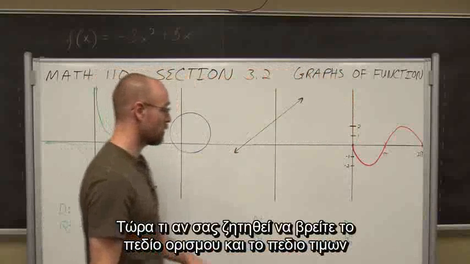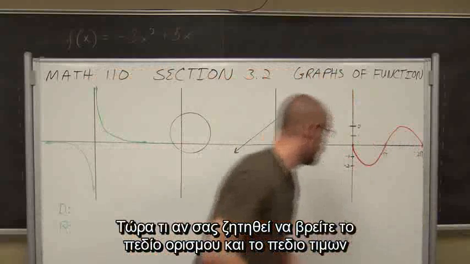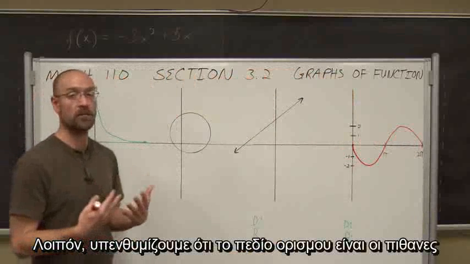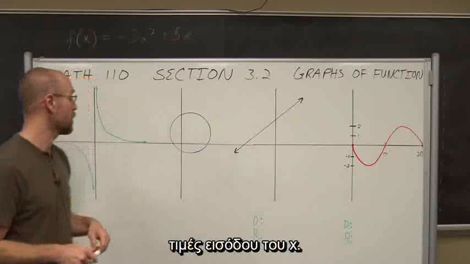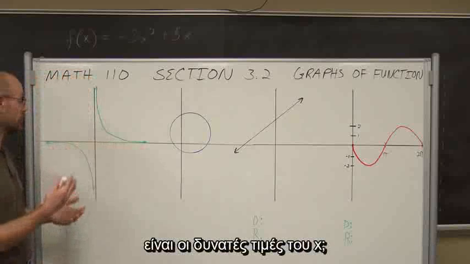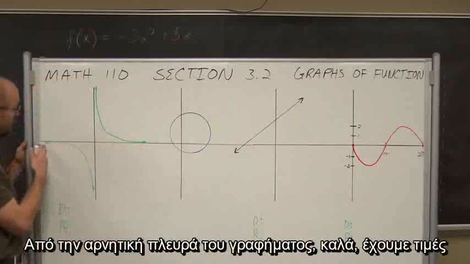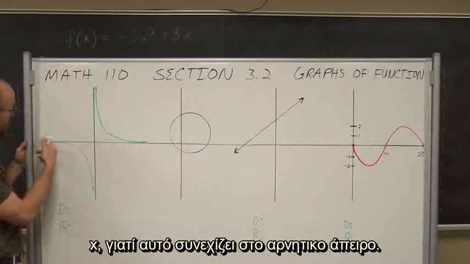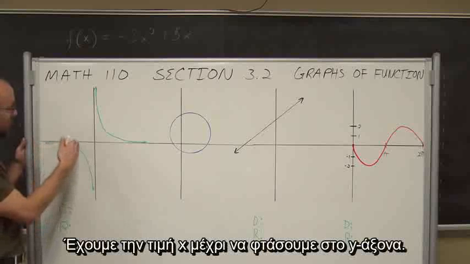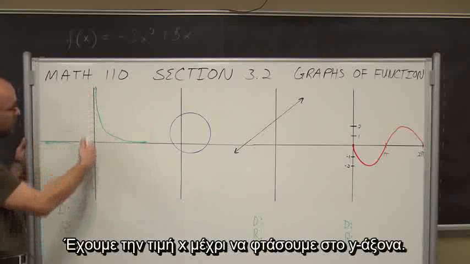Now, what if we're asked to find the domain and range of a function? Well, recall that the domain is the possible input values of x. So if we look at this function and ask what the possible values of x are, on the negative side of the graph we have values of x because this continues on to negative infinity. We have a value of x up until we get to the y-axis.